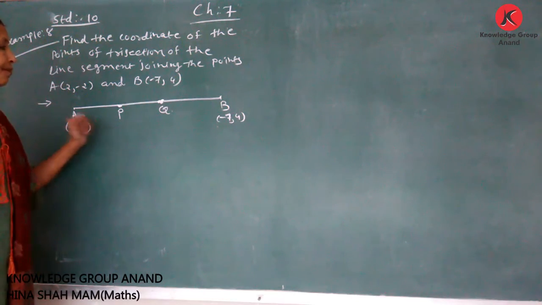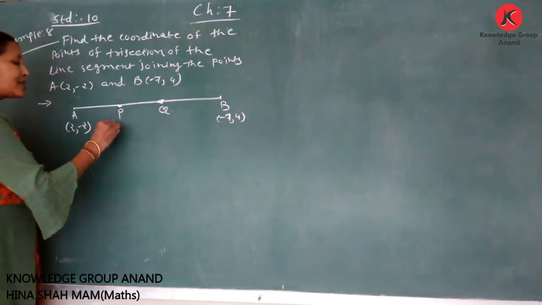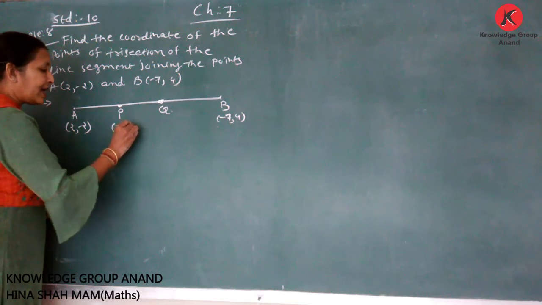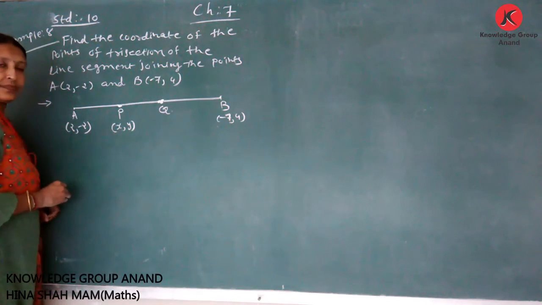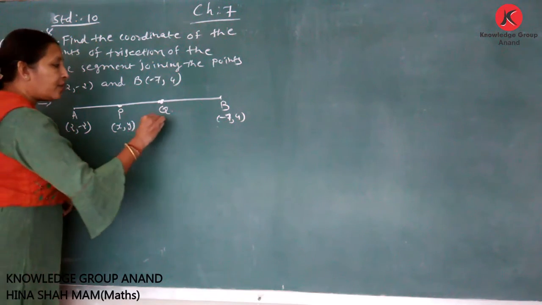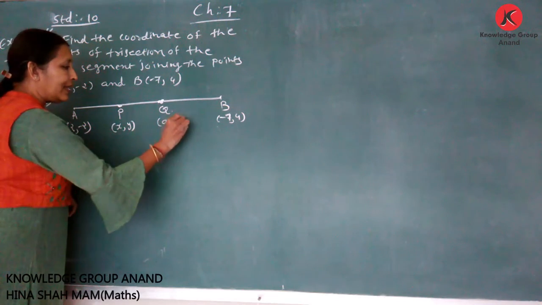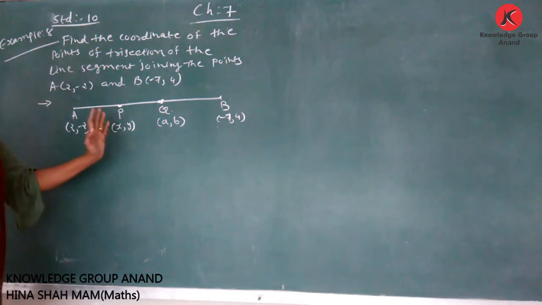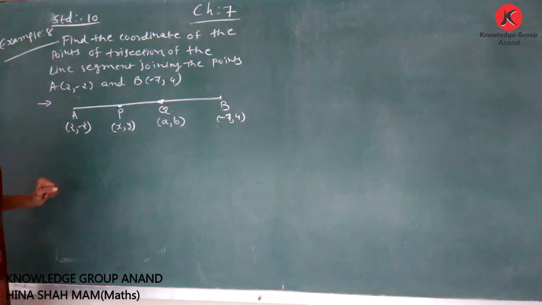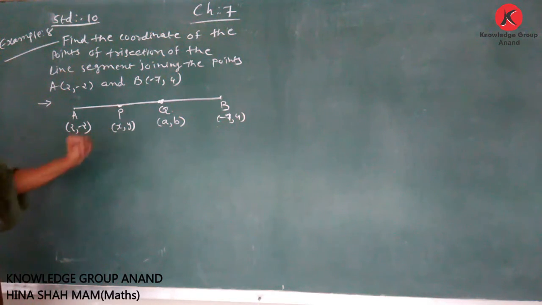Here we get point P, its coordinates are x and y, and Q's coordinates are a and b. We take x, y and a, b.